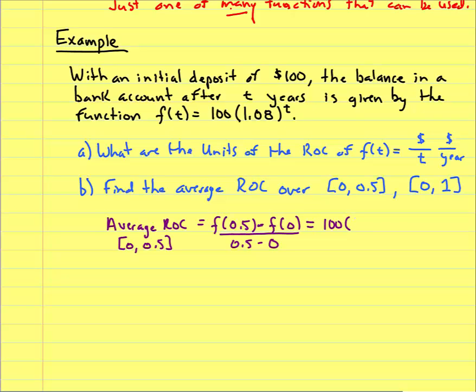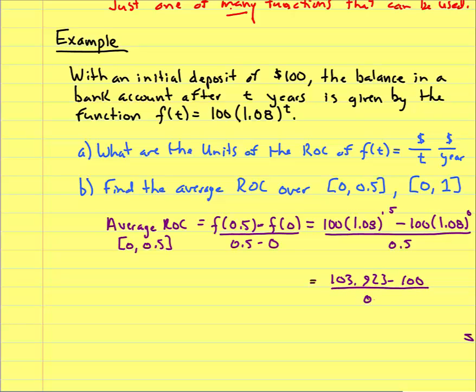It would look like 100 times 1.08 to the 0.5 minus 100 times 1.08 to the 0. So these are the values that you'd plug into your calculator, and of course 0.5 minus 0 is just 0.5. So if I simplify this, I end up with 103.923 minus 100, have to do a little bit of rounding there, over 0.5.